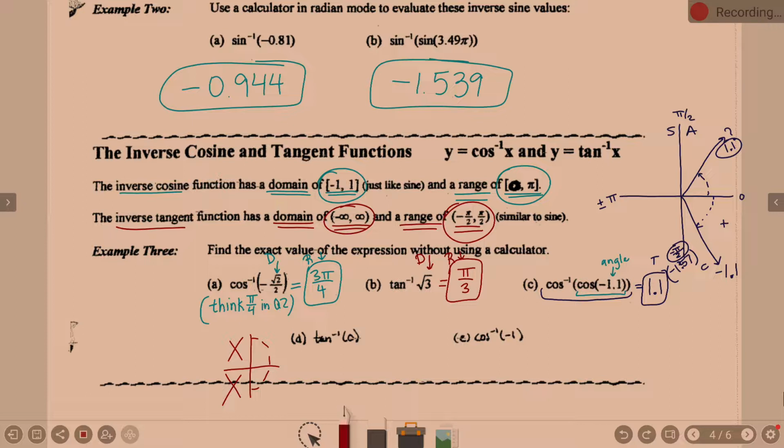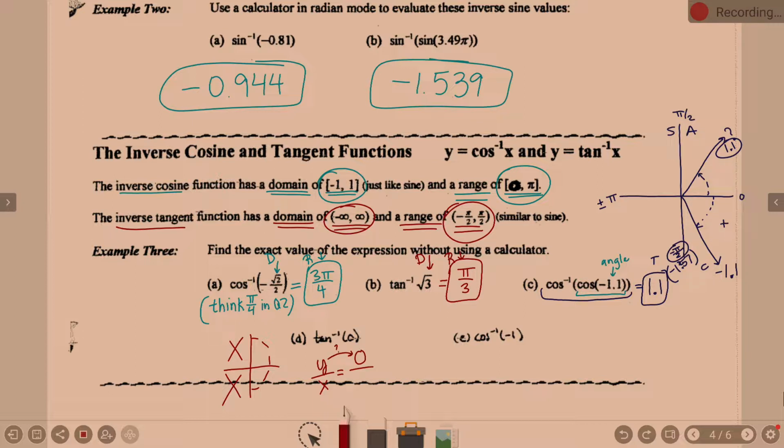Yeah. Tangent is y over x. So we want to know, when does y over x equal 0? So if we're asking when does y over x equal 0, what value do I need to be 0? How do you make a fraction 0? You have 0 on top, yes?